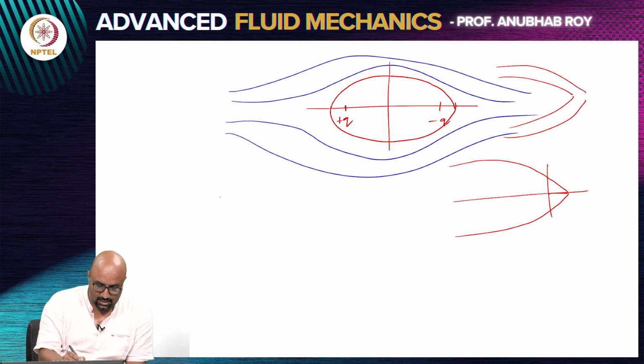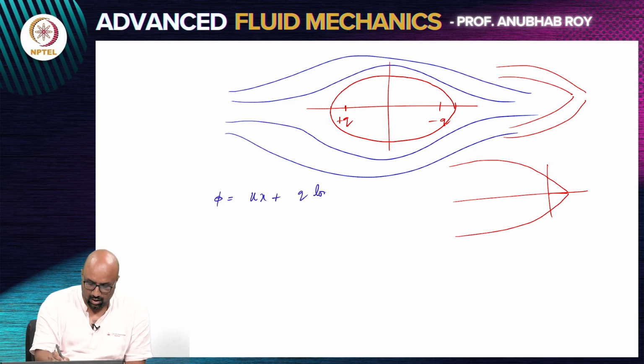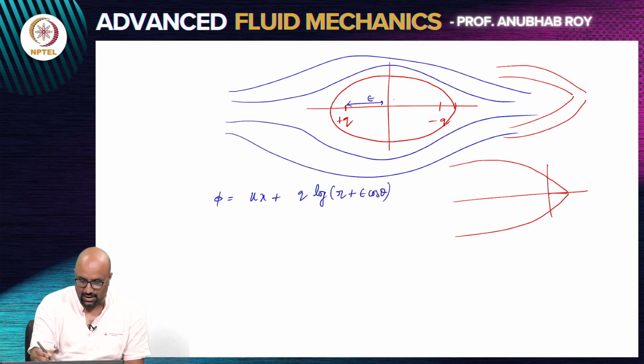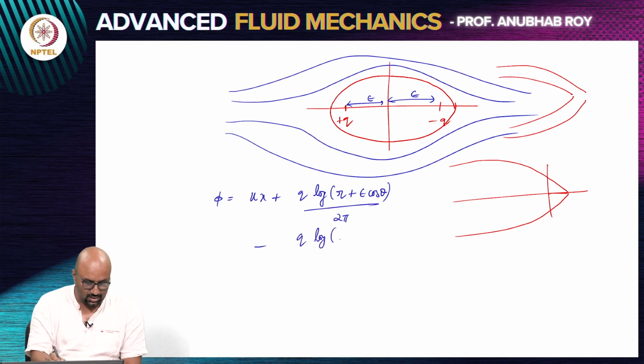So, this is a potential that is given as Ux plus Q log R plus, we had epsilon earlier, but epsilon need not be small. So, I will just write this as a parameter epsilon by 2 pi, and then a sink which is R minus epsilon cos theta by 2 pi.